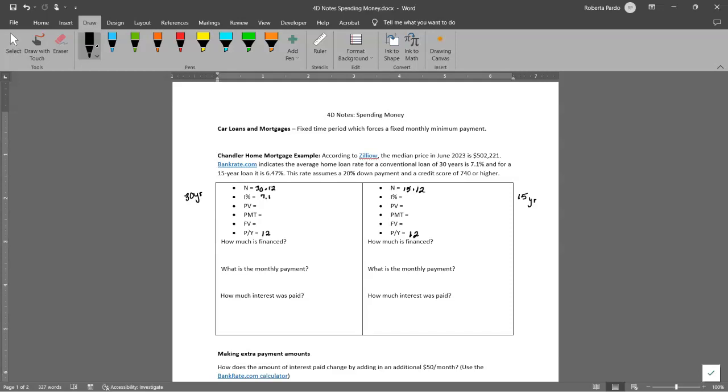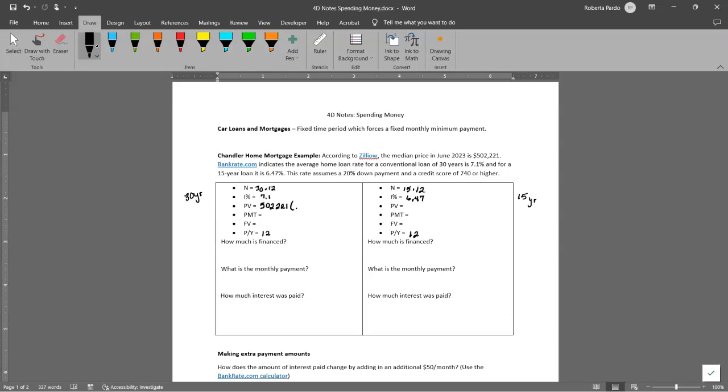Our interest rate for our 15-year is 6.47%. Present value: in savings, our present value was 0. In our loans and credit cards, our present value is how much we currently owe. So we owe not quite the $502,221, because we're putting a 20% down payment.